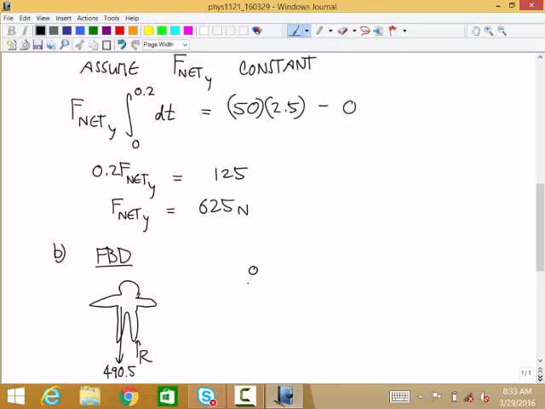So 0, negative 490.5, plus 0, R is equal to, that's just force of habit, is equal to the net force, 0, 625. And so you can just solve for R. You get that R is equal to, what was it, 1155?